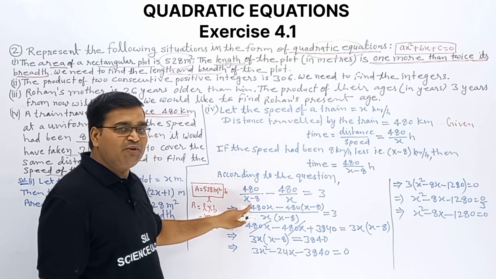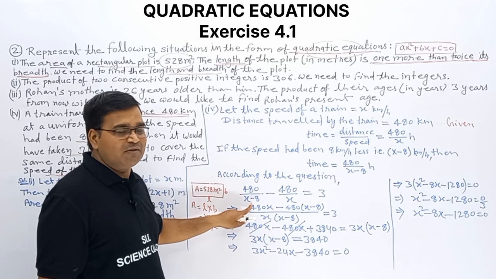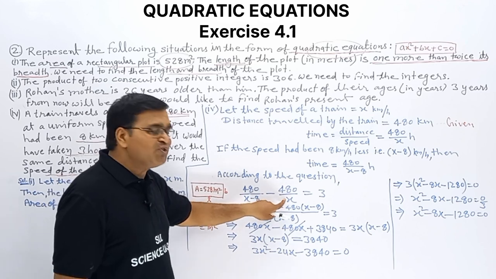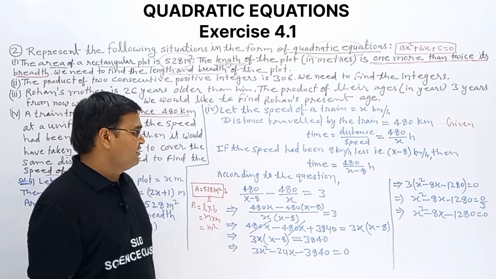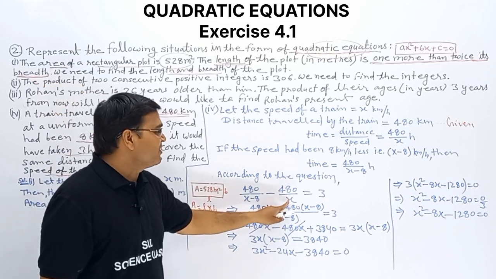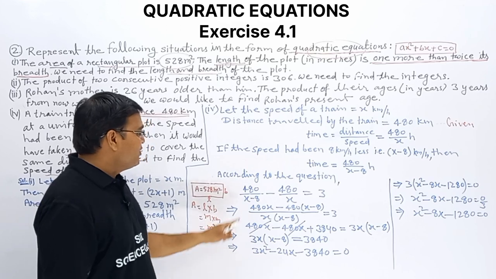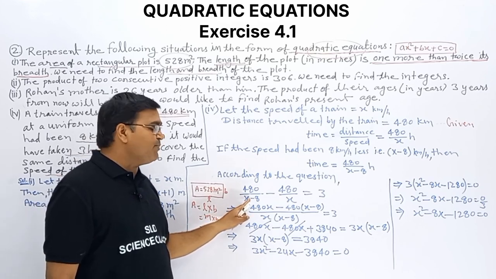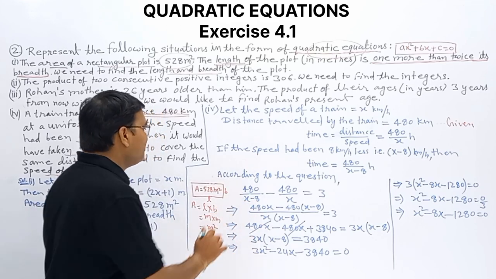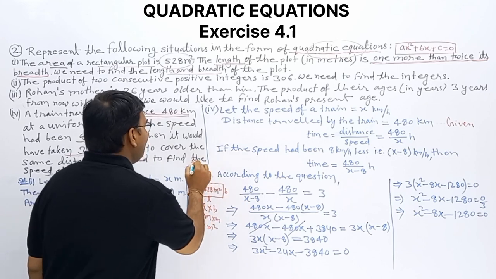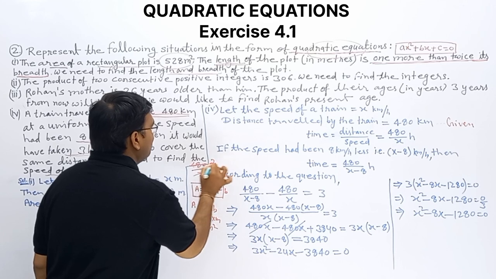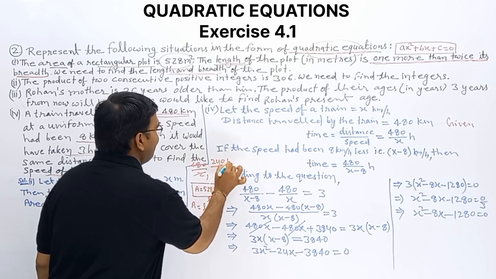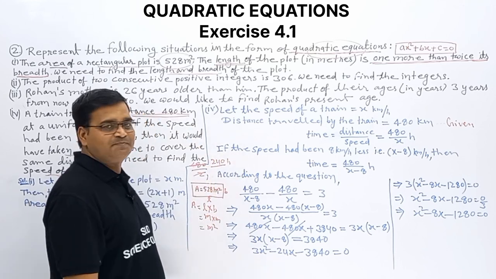This will be divided by 2. Observing or not? Once we have speed 10 kilometer per hour, then what is the time? 48 hours. Now put x equal to 10. 10 minus 8, 2. 480 divided by 2, what are we getting? 240 hours. Are you getting it or not?